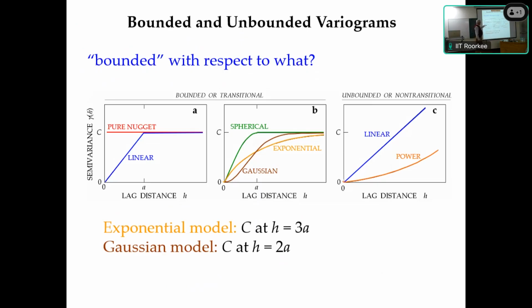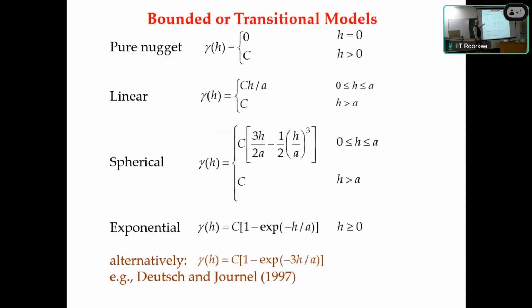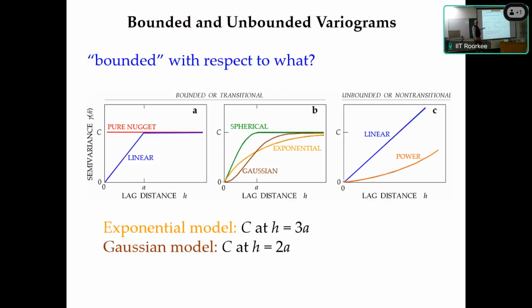We call this a pure nugget. In a few slides, we will see better what we mean by nugget. So the nugget is a variance component. Here, these models all begin at 0. But we can describe this by an equation that we will learn in the next slides.